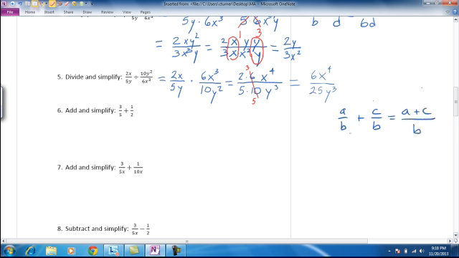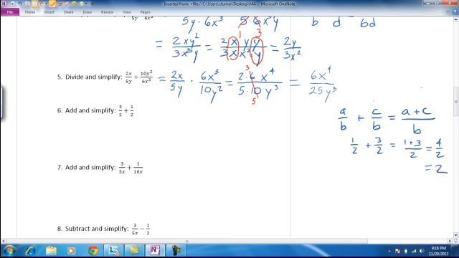That is, if I have the same denominator here, I can just add the numerators and keep that common denominator. For example, if I had 1/2 plus 3/2, that's 1 plus 3 over 2, or 4/2, which is just 2.